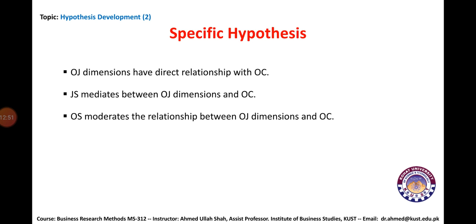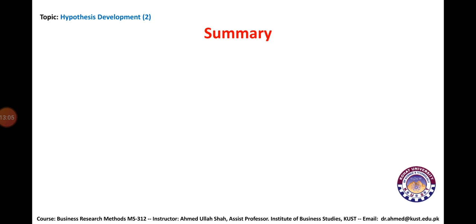Hypothesis number 1, hypothesis number 2, and hypothesis number 3 are on the basis of theory. Now, we have discussed all this theoretical framework, and developed different types of hypotheses for our moderating variable, for our mediating variable, and for our independent variable.